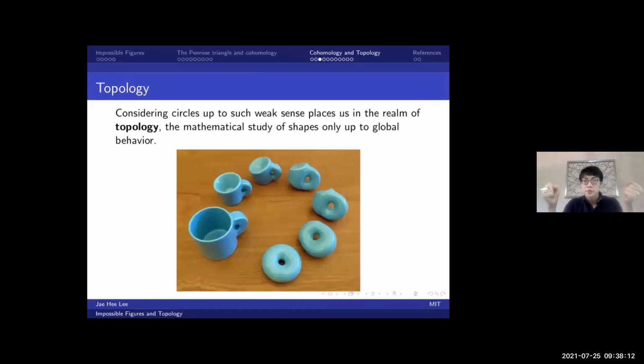So these are two 3D objects with one hole, and that's what characterizes them. Topologically, you cannot see the difference between the mug and the donut, although geometrically they look different. Topologically, it's the same because their global behavior is the same. The global behavior in this case is captured by the number of holes, basically, right? And both have one hole.